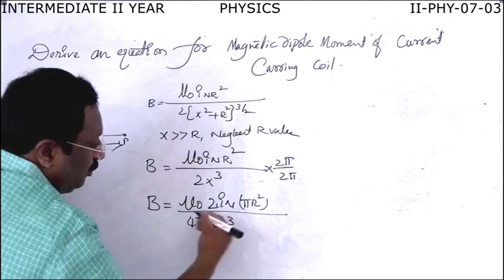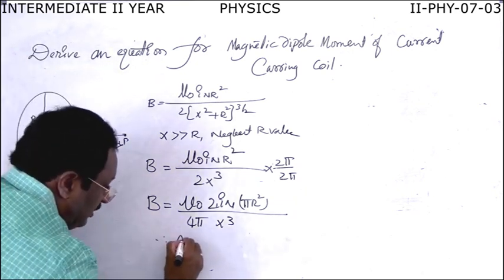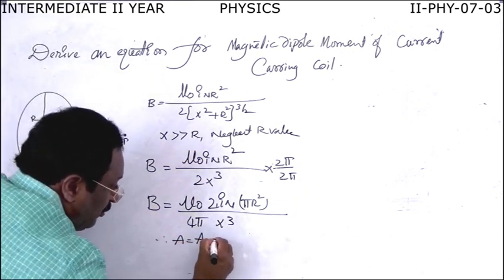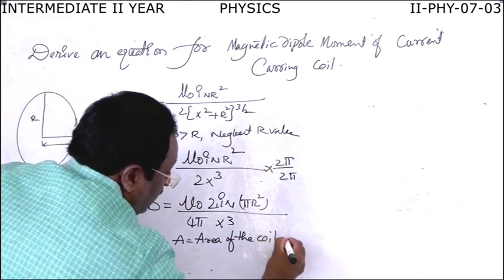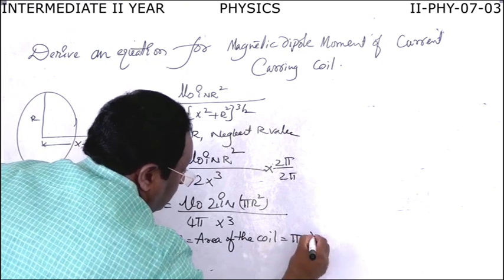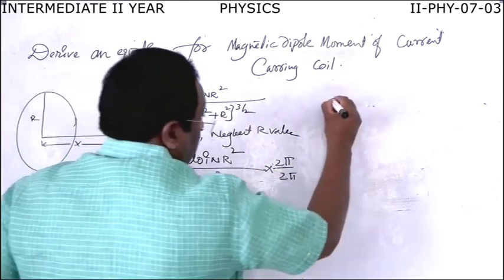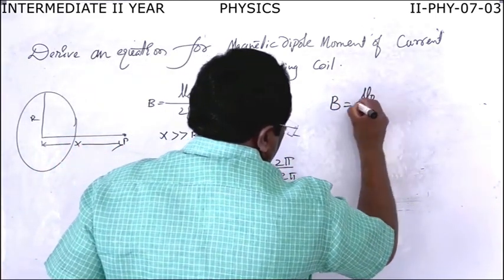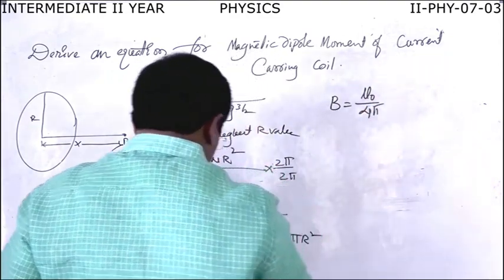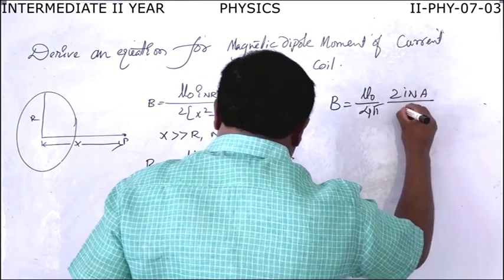Here pi R square is nothing but the area of the coil, A. Therefore, B is equal to mu naught by 4 pi into 2 I N A by x cube.